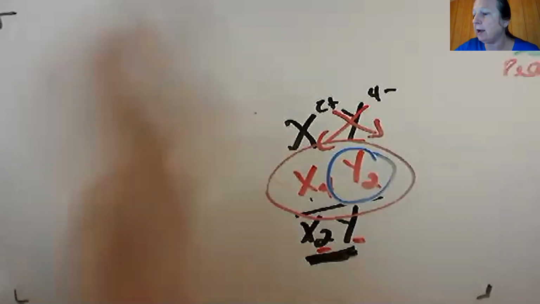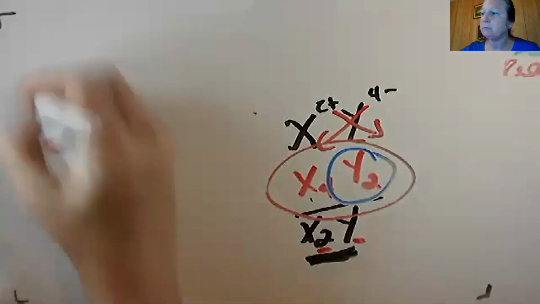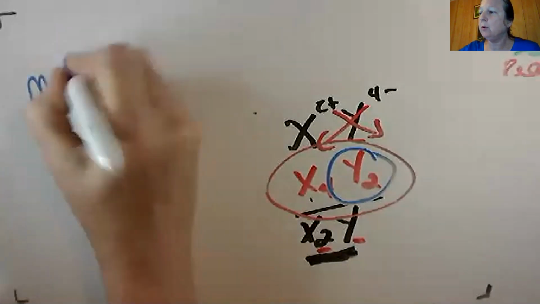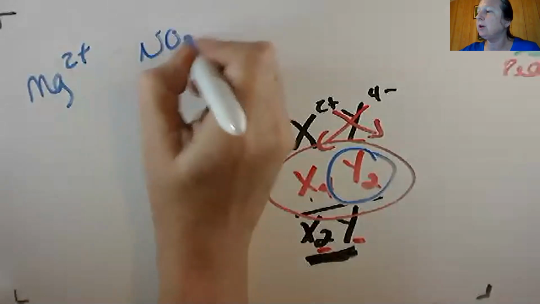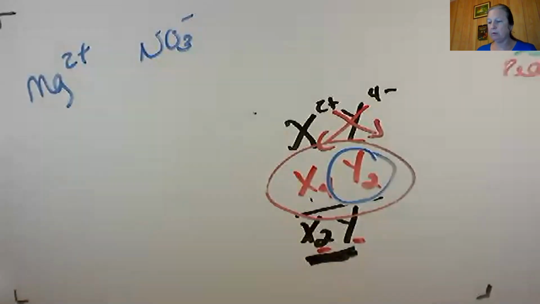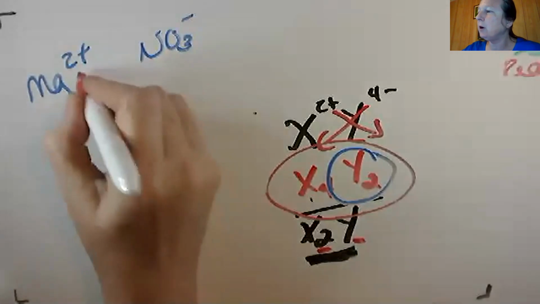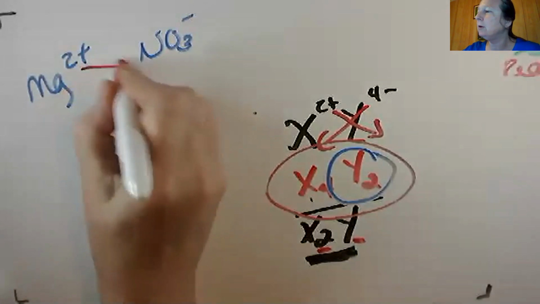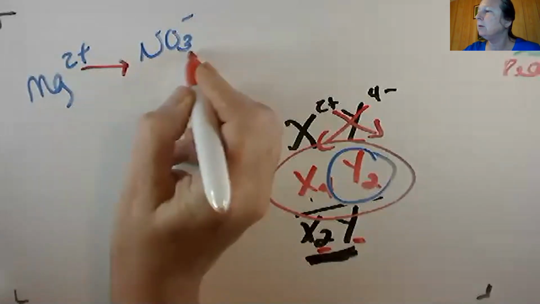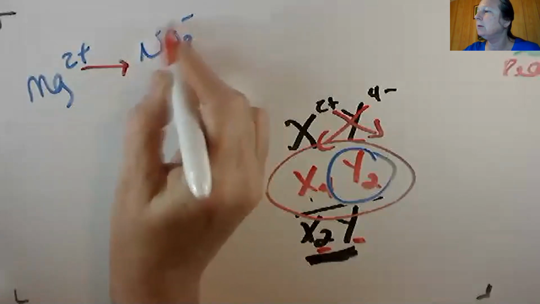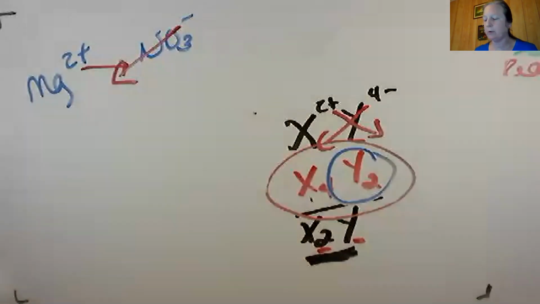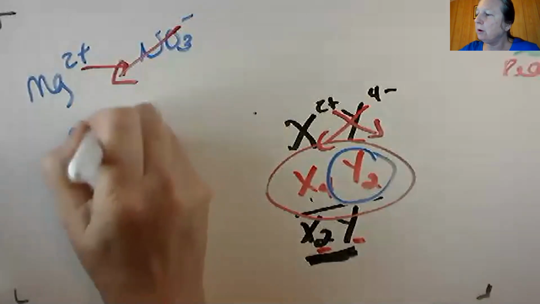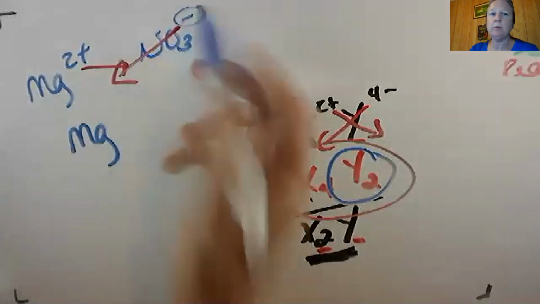So if we have magnesium, which has a 2+ charge, and you're going to combine it with nitrate, which has a minus charge, do you crisscross? Well, I can't do it without crossing in front of nitrate. So sorry, nitrate, you know what I'm doing, right? So magnesium gets a 1, and we don't write the 1.